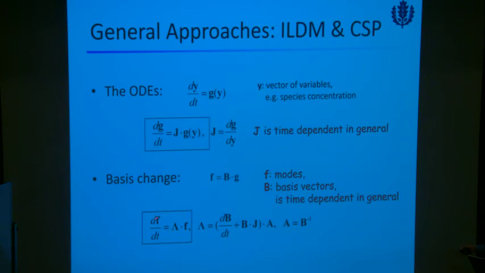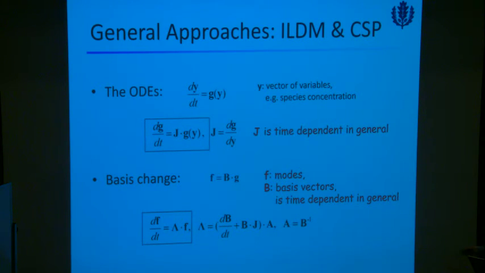We call this F. This F is a linear combination of the G vector, the source vector. And we call this F the mode. The mode basically tells you about decoupled rates. So if these guys work as a group, you call this group a mode.